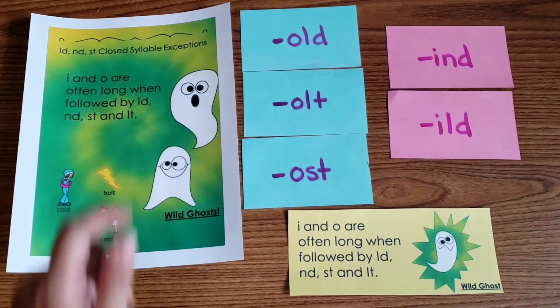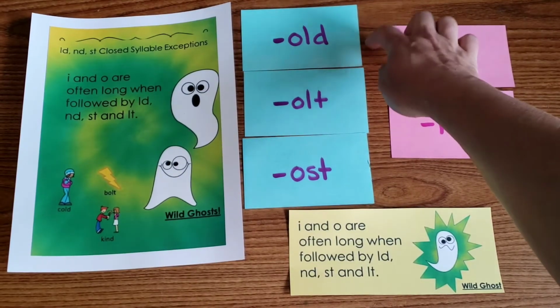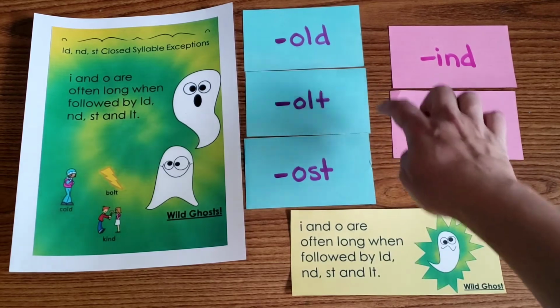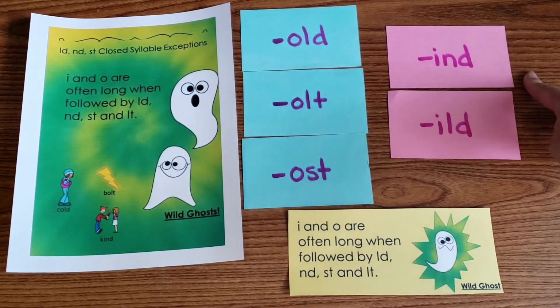And it says I and O are often long when followed by an LD, an ND, an ST, or an LT. Okay, so here are our five closed syllable exceptions. OLD, cold, old. OLT, bolt, olt. OST, post, ost. IND, find, ind.